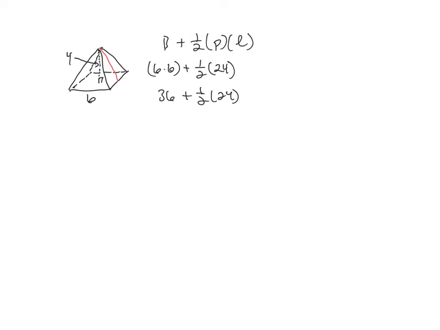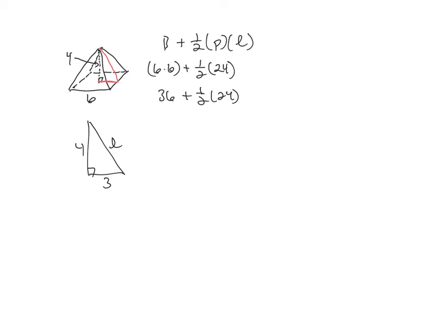So when they give you the height, we can make a right triangle out of it. So I'm going to redraw this triangle. So here's my 4, here's my slant height. And so what's this bottom part? Well, if the whole thing is 6 and it's a square, that thing is in the middle. So instead of the whole thing being 6, just the part of it is going to be 3, half of 6, every time.